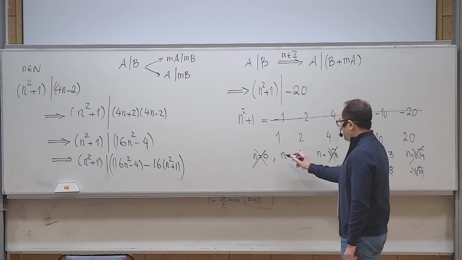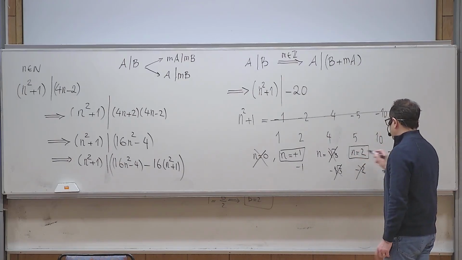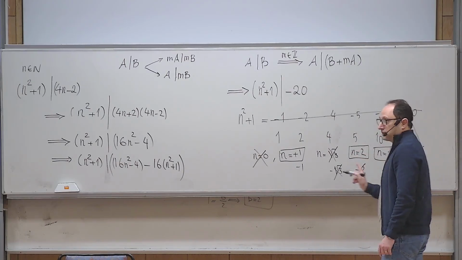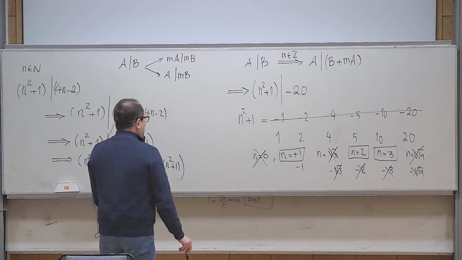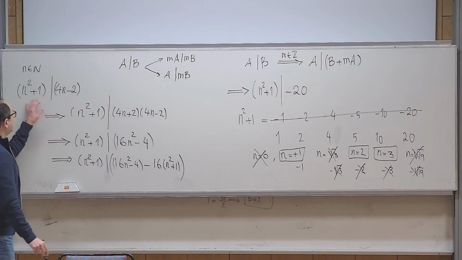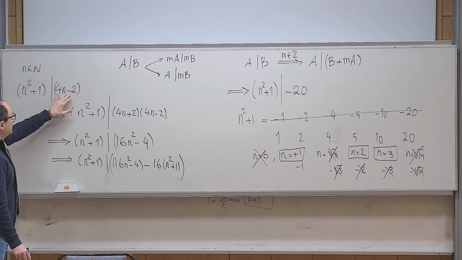But be careful. It's a mistake if you immediately accept all of them. Might be all of them are acceptable, but I want you to understand this is not guaranteed. Why? Because you know that my goal was to find all natural numbers n for which n squared plus 1 divides 4n minus 2.